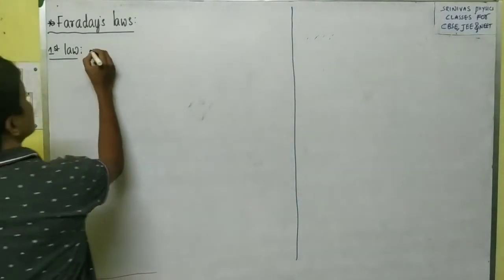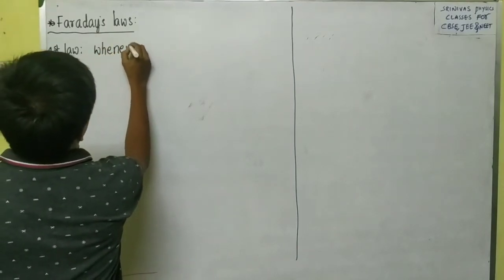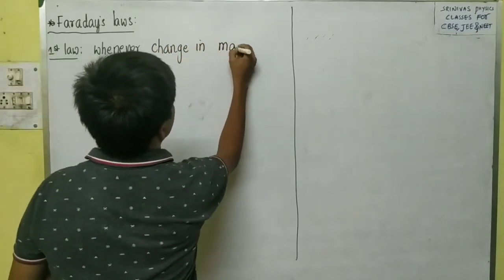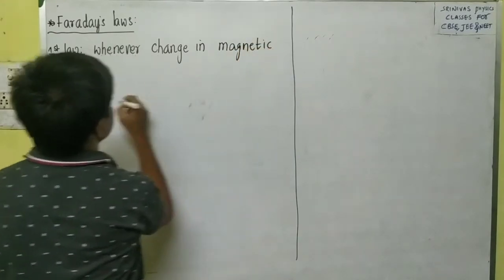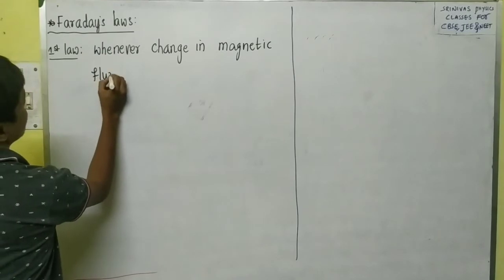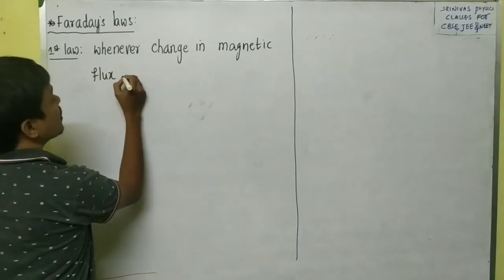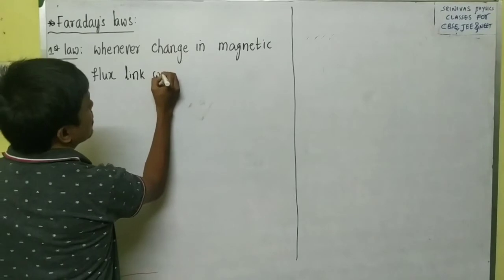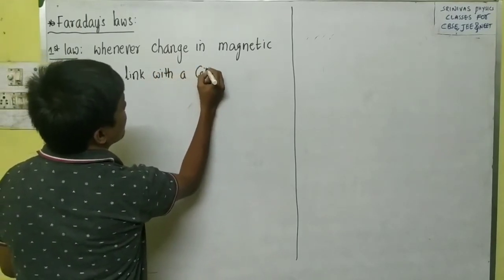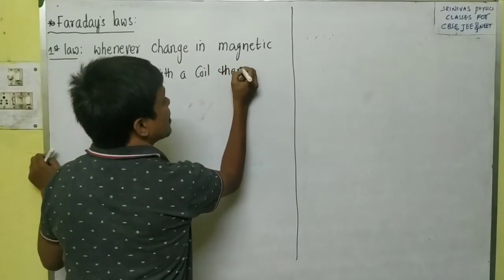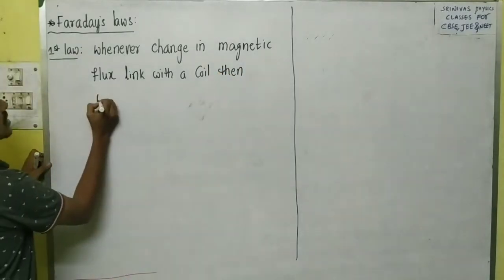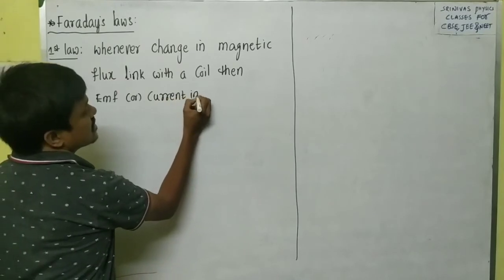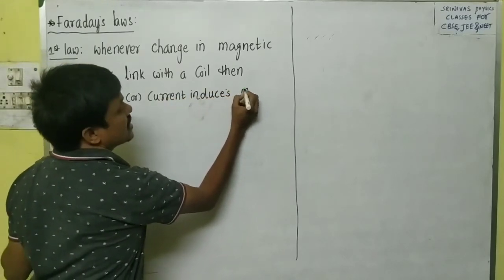The first law is that whenever a change in magnetic flux links with a coil, then EMF or current is induced in it.